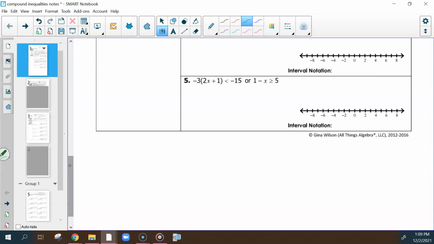For number 5, for this side, you could either divide both sides by -3, since 3 goes into 15 evenly, or you could do what we've been doing and distribute to solve it. Either or, you'll get the same answer either way. I'm going to go ahead and distribute, but if you divide, you'll end up with the same answer.